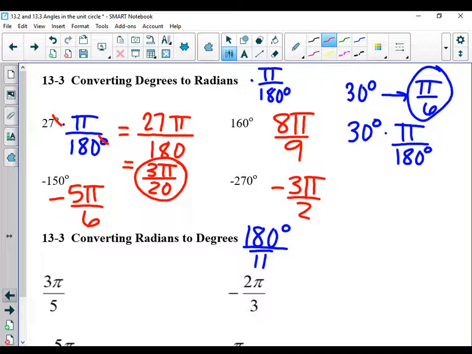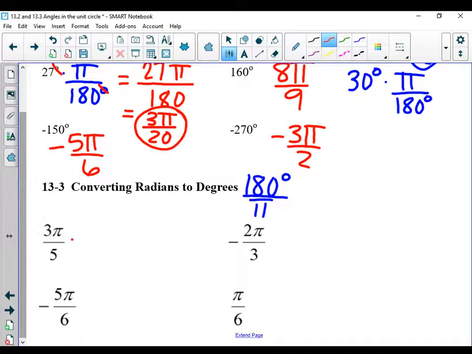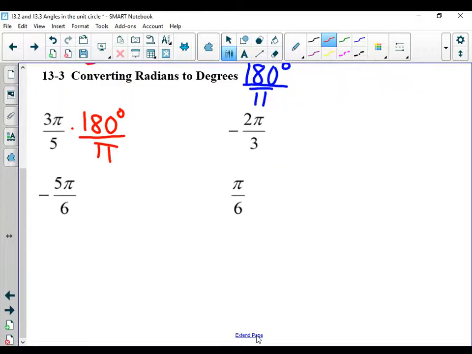radians to degrees. Before I wanted degrees to be in the denominator so that unit of measure would cancel. Now I want pi to be in the denominator so the pi's will cancel. So if I multiply by 180 over pi, then my pi values over here cancel, and I'm basically going to do 3 times 180 divided by 5.